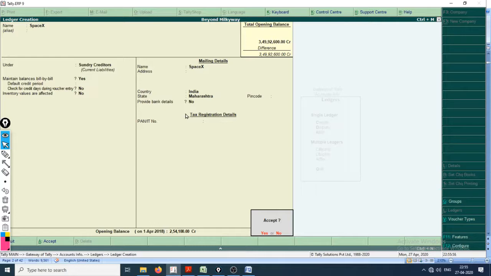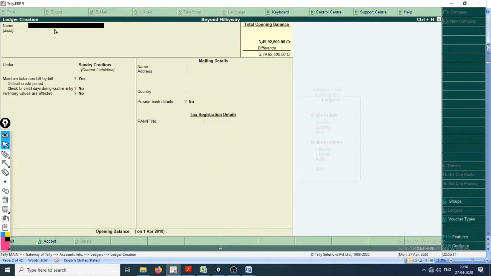Tally has a feature which will allow you to calculate interest if there is any interest on late payment of a bill. So it will automatically calculate the interest after 21 days. That is why it was asking for 21 days. But you don't have to go into that, so we'll just skip it and keep entering and press yes.